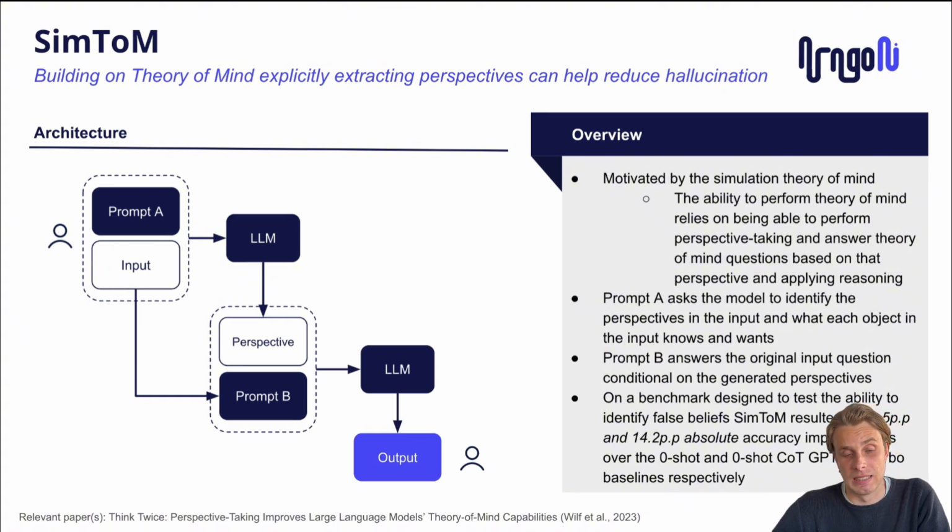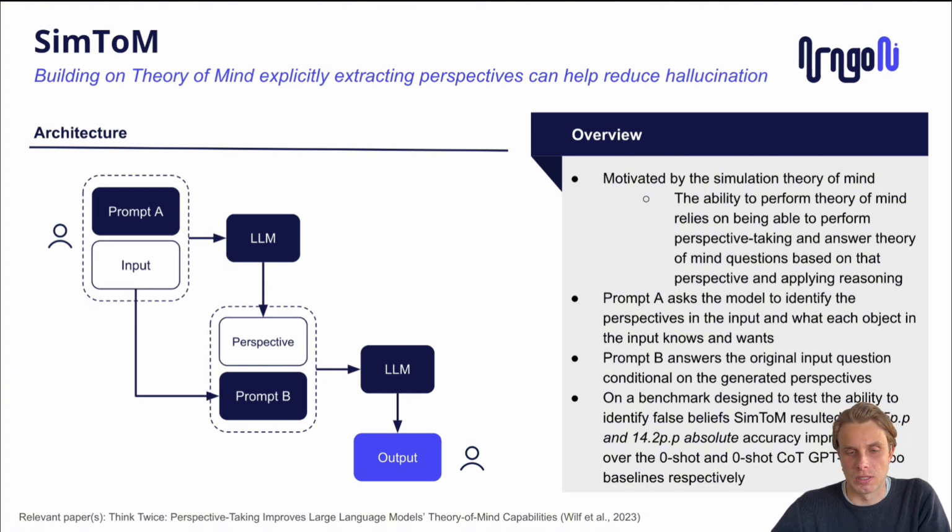The output is an answer that takes into account the perspective of the user, which is then returned to the user. In a false belief benchmark, they noticed a 29.5 percentage point improvement in accuracy over equivalent zero-shot techniques. So this is quite a big performance boost, and worth noting.